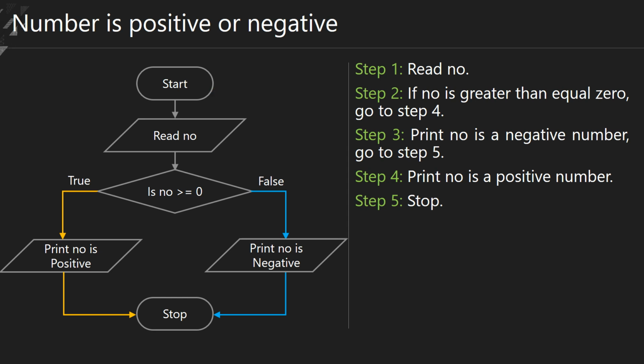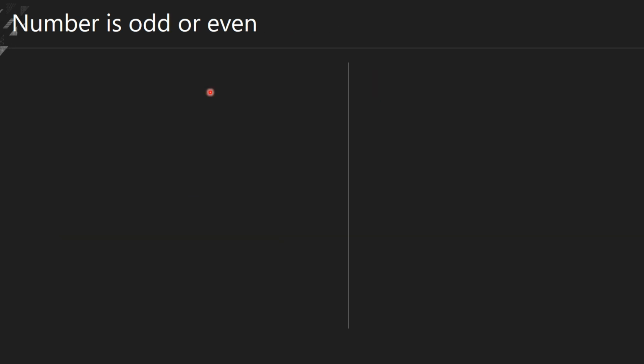Let us move to one more problem on how to use the flowchart and algorithm: whether the number is odd or even. First of all, try to understand how you find out whether the given number is odd or even. As usual, I start the flowchart with the start symbol, then move on to read the number, then you have to check that number.